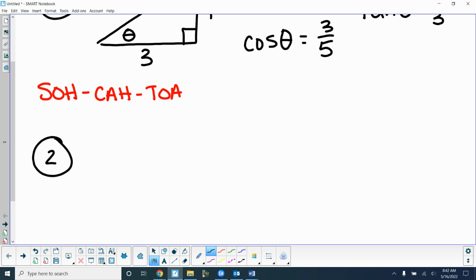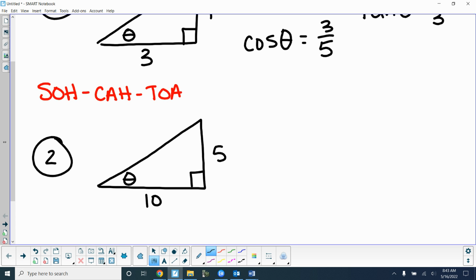But this one, I only gave you 2 of the 3 sides, so you had to find the third side first. And here's theta, and side A was 10, and side B was 5. So we had to find the hypotenuse.